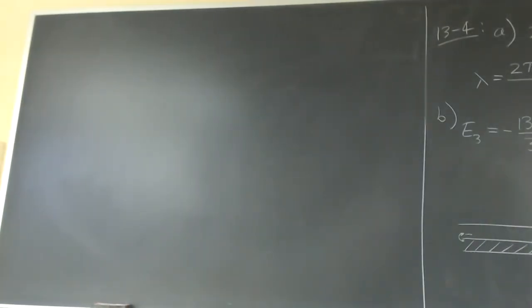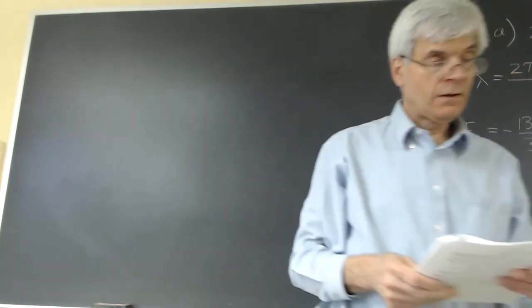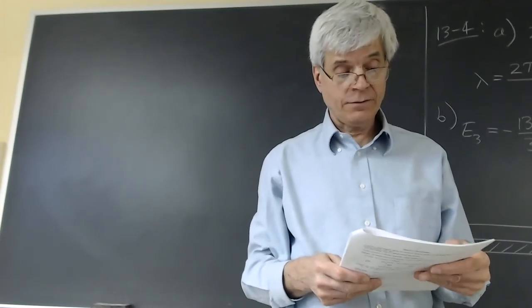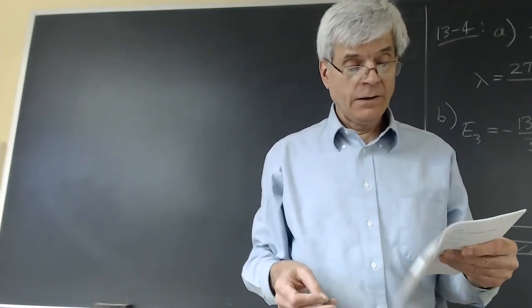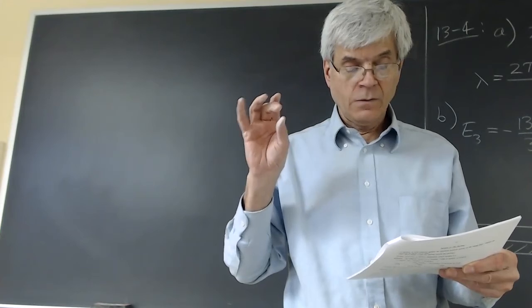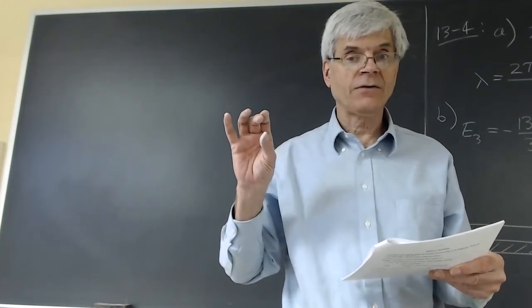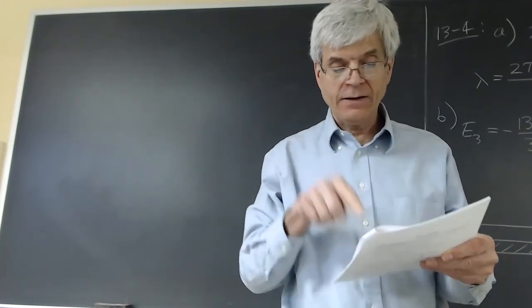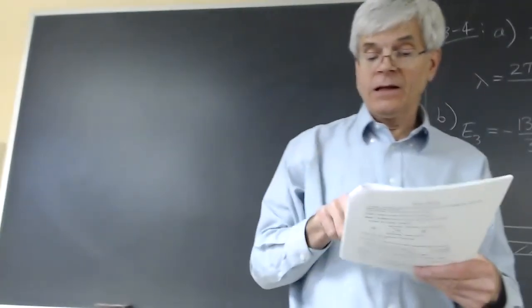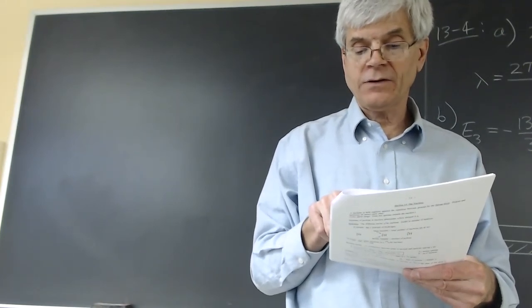Number 6. Part A, energy bands of a certain solid are as shown. A good conductor is one where the highest band containing electrons is partially filled. And that's exactly what's shown in the picture in part A of number 6.